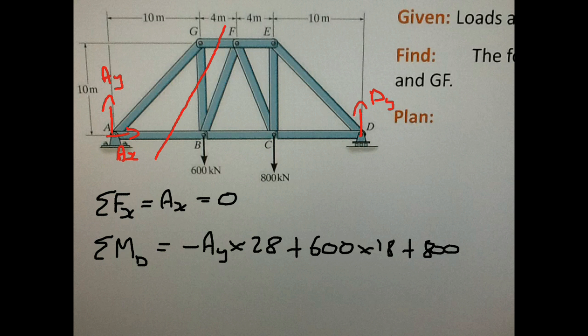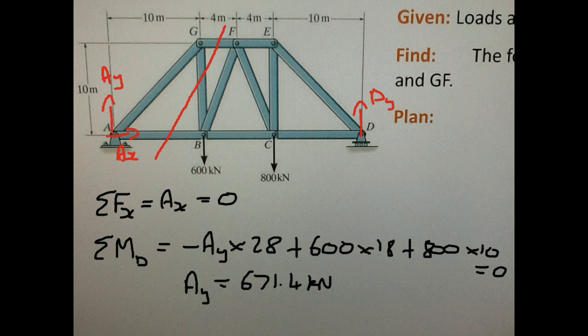And 800 times 10, because again that's going to want to turn it anti-clockwise, so we're going to call that positive. That all equals 0. So we can get AY to equal 671.4 kilonewtons.